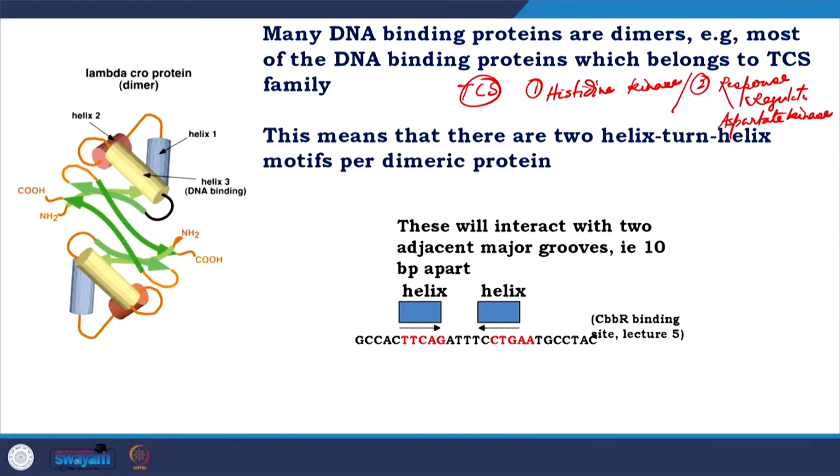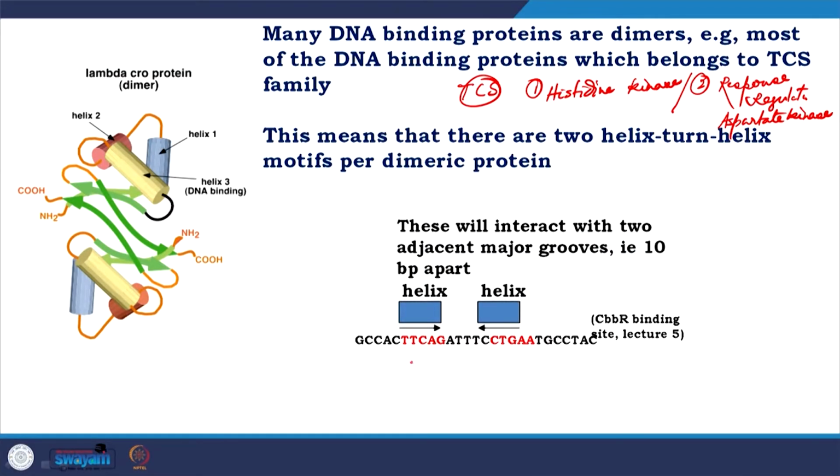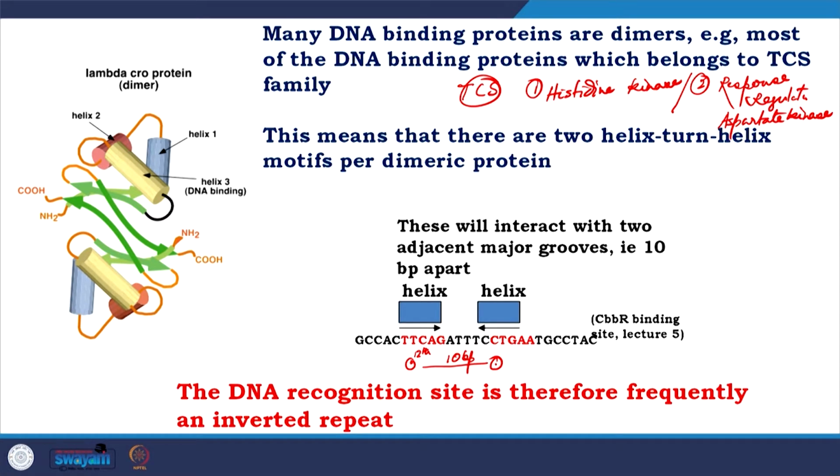So, if one atomic interaction happens at the 12th residue, the second one from the other dimer would happen after 10 base pairs, the same interaction. That is very interesting, and the DNA recognition site is therefore frequently an inverted repeat.